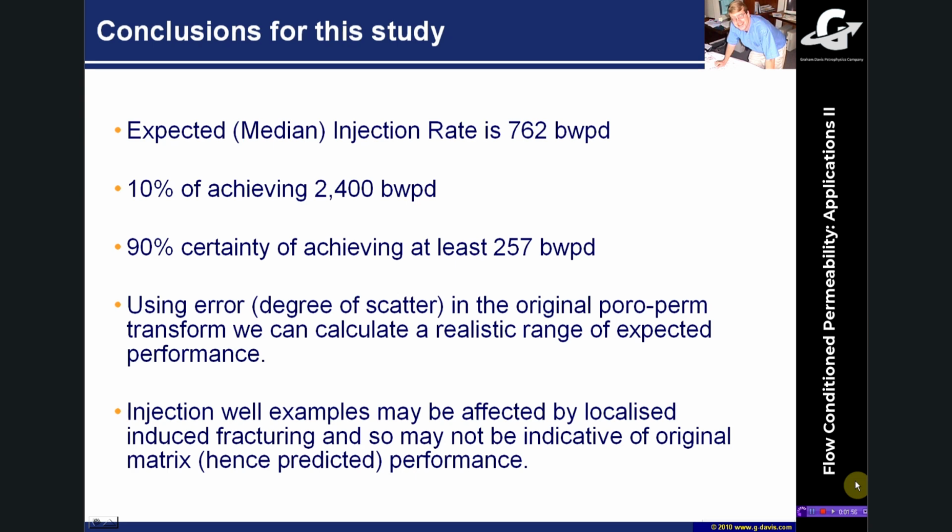So obviously you need to take into account the effects of the injection process, but the main purpose of this particular presentation was really to illustrate the fact that when we add realistic noise back into our poroperm transforms, hopefully we can make a better estimate of realistic ranges of expected performance.